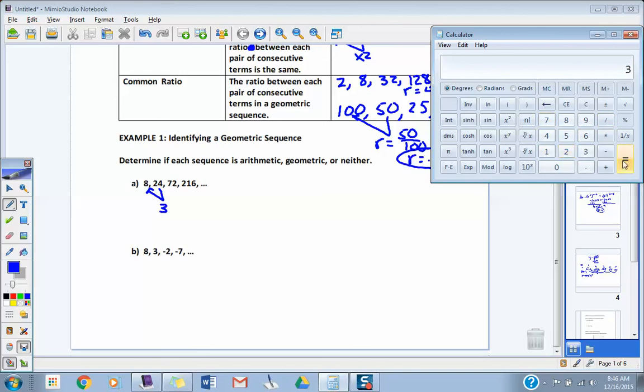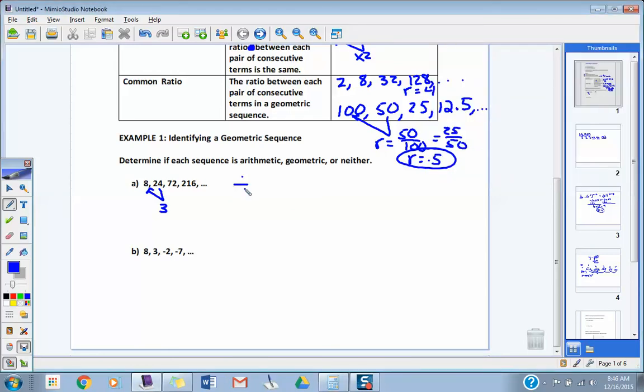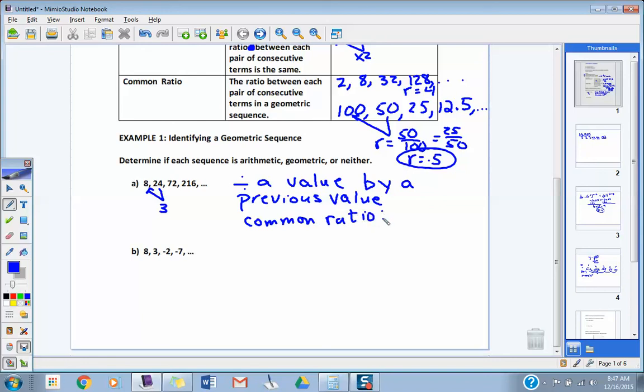Anytime you divide a value by a previous value, we have what's called a common ratio. In this case, our common ratio is equal to what value?